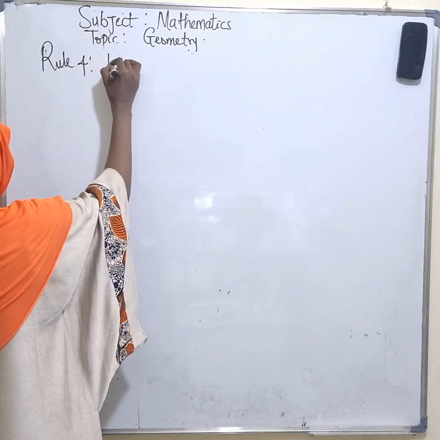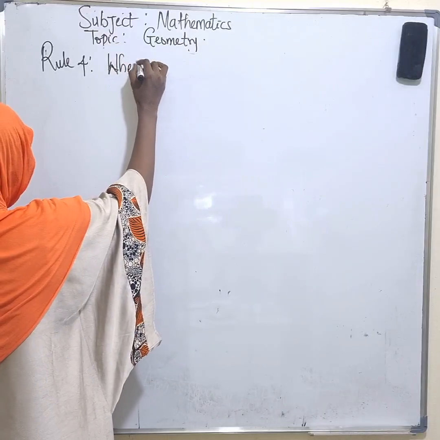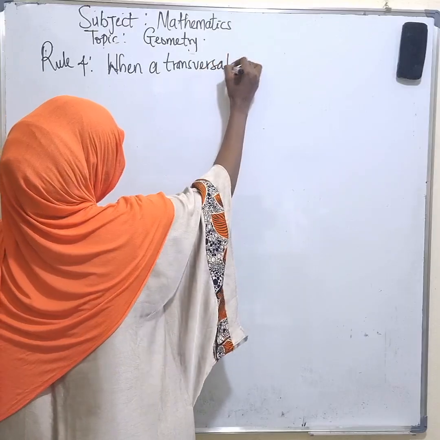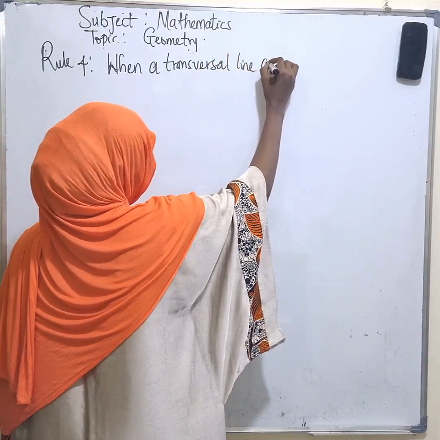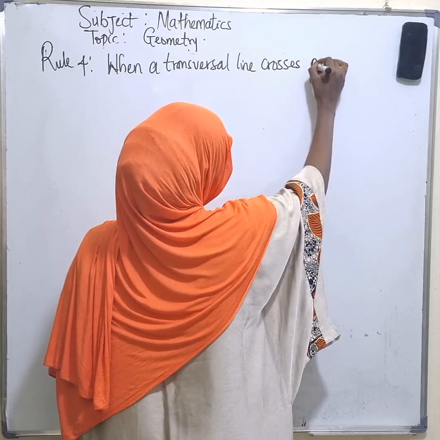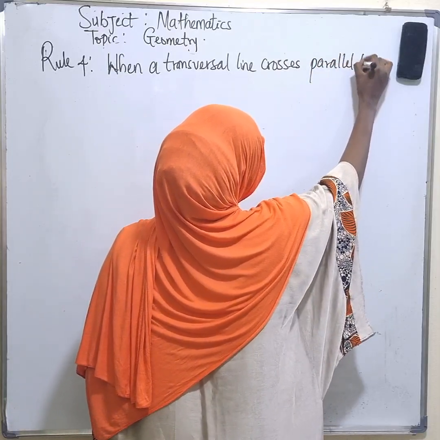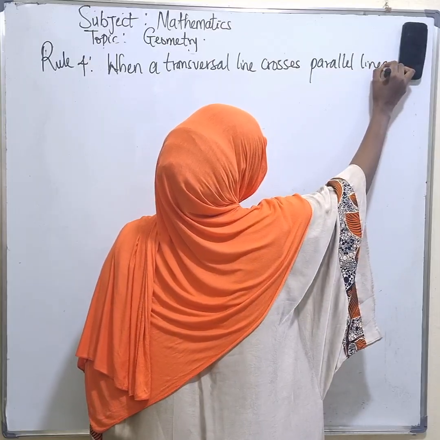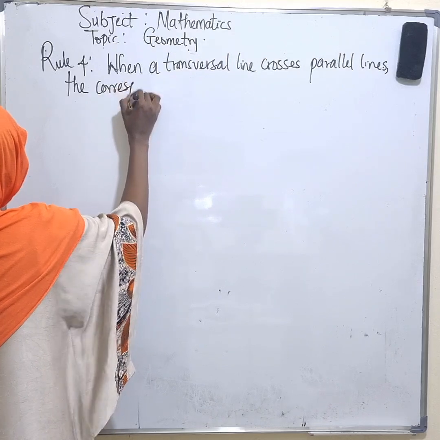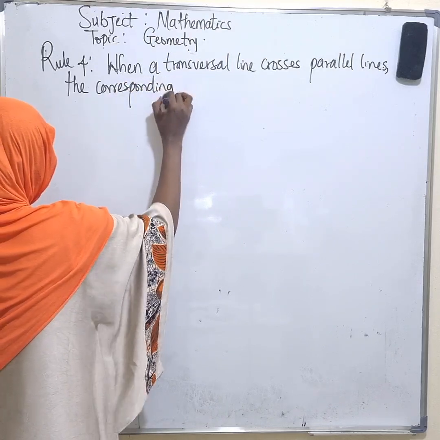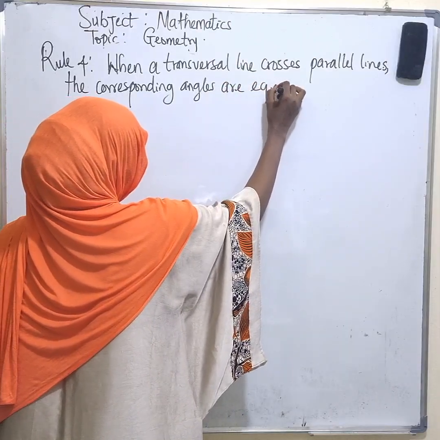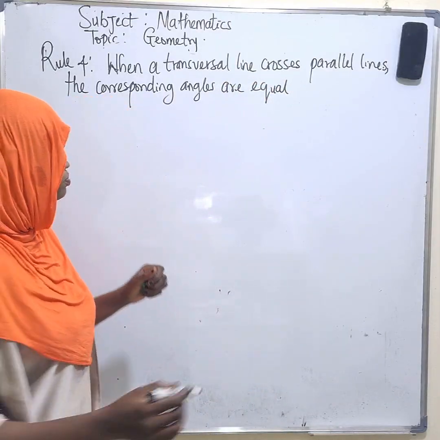Rule four states that when a transversal line crosses parallel lines, then the corresponding angles are equal. The corresponding angles are equal. Let me show us what this means in the diagram.